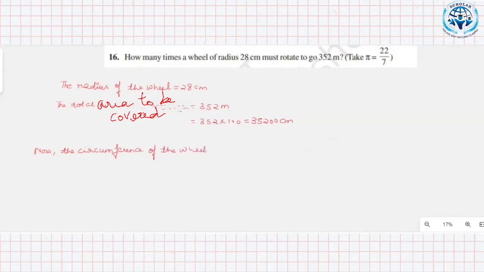Now the circumference of the wheel is 176 centimeter.